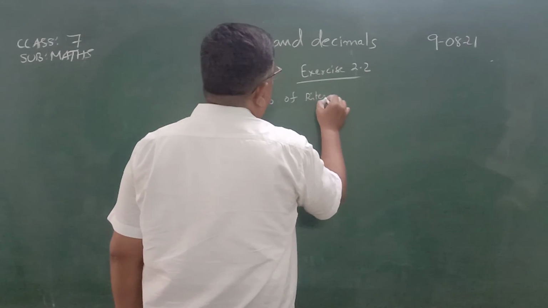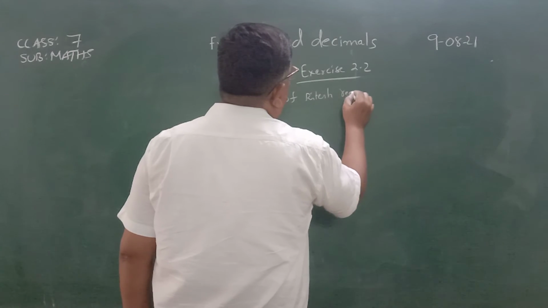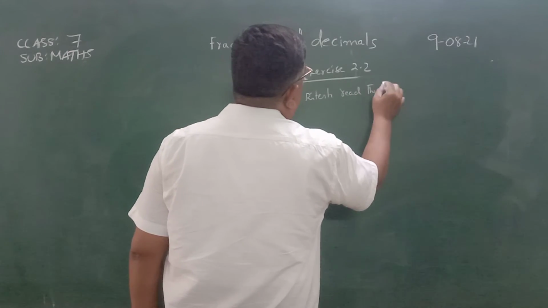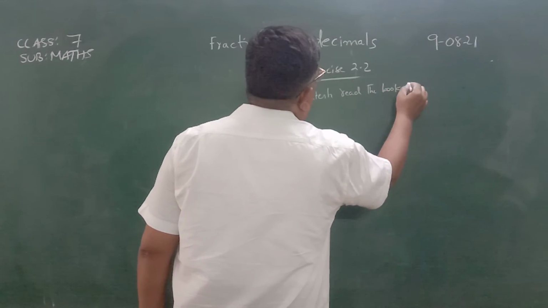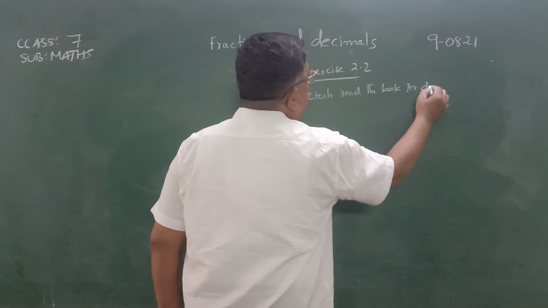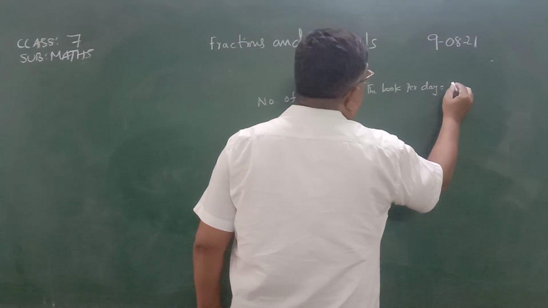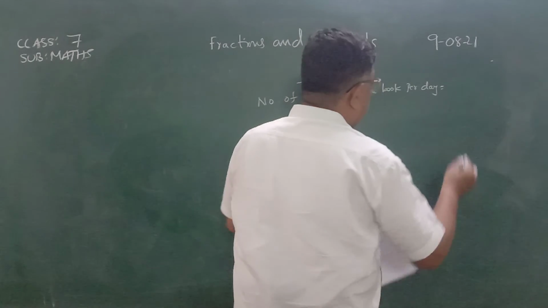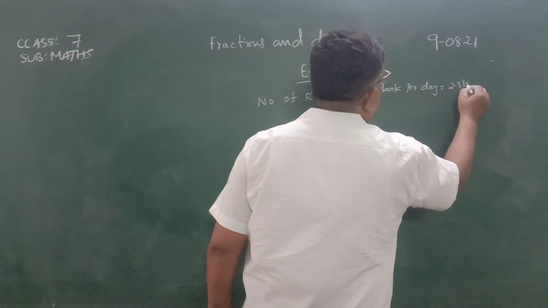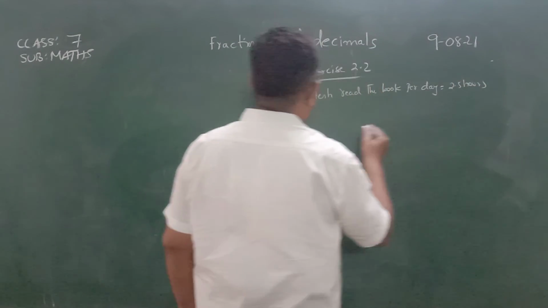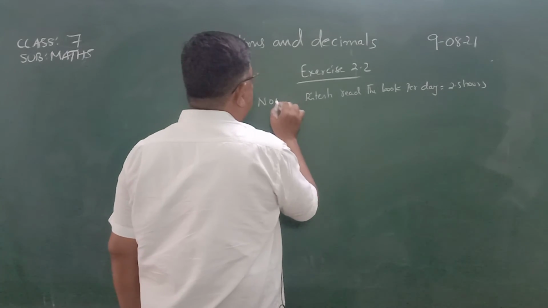Ritesh reads the book per day, or one day. Per day means one day is equal to 2.5 hours. So he is reading the book for this number of hours.